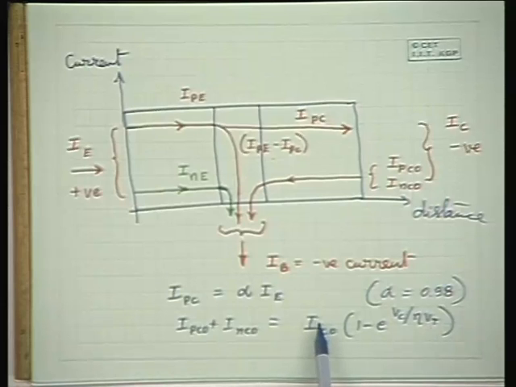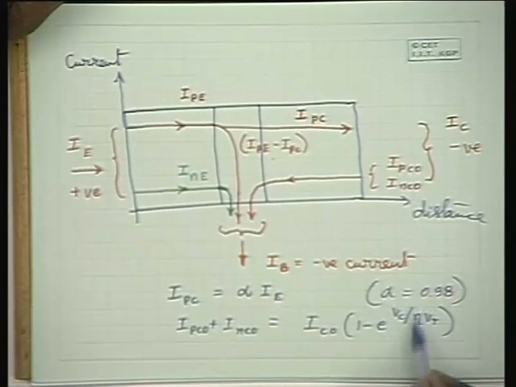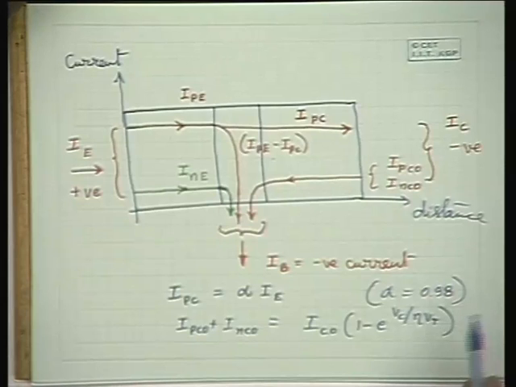We know that in a reverse biased PN junction, or in any direction, the current is in general equal to IC naught into 1 minus e to the power of the voltage applied by eta Vt. This is the volt-ampere characteristic of a PN junction.